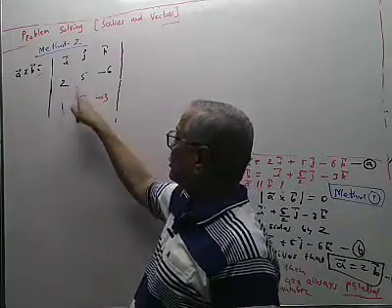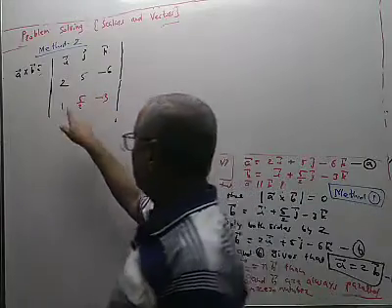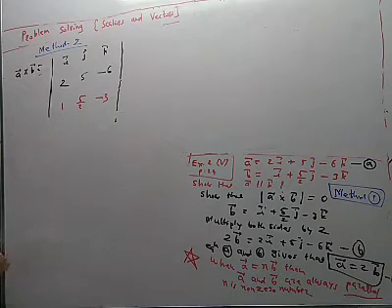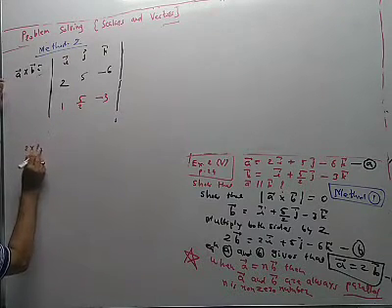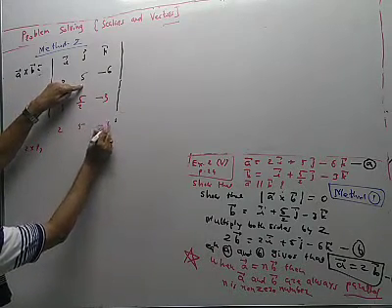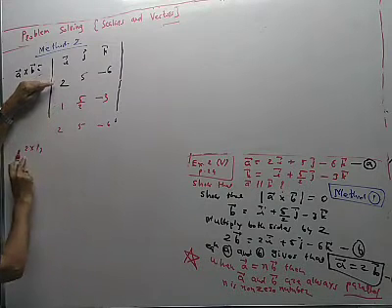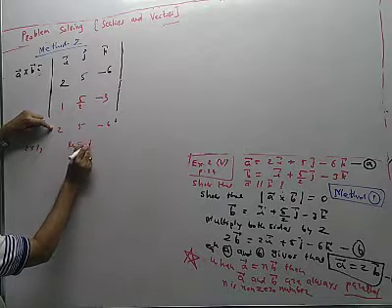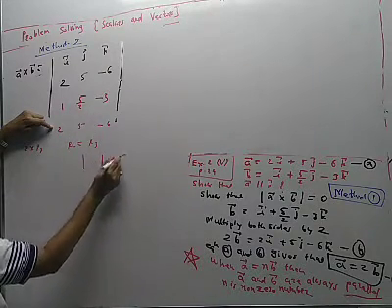Here these two rows do not look the same, but we can make them the same. Multiply this third row by 2, so 2 multiplied by row number 3 will give 2, 5, and -6. So now after multiplying row number 3 by 2, the second row R2 becomes equal to R3, and therefore the determinant has value 0.